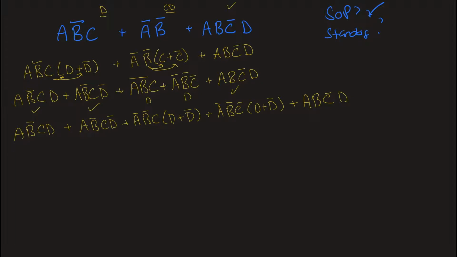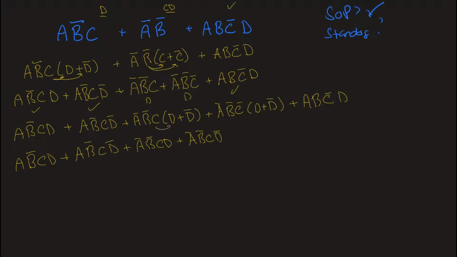Last, we just got to multiply everything out. So we have A, B naught, C, D, or A, B naught, C, D naught, or A naught, B naught, C, D, or A naught, B naught, C, D naught.